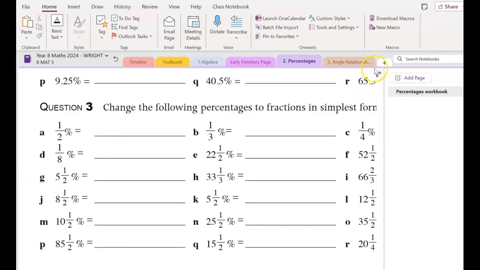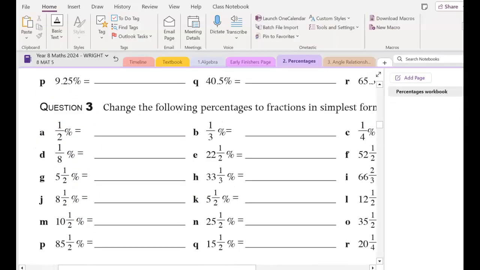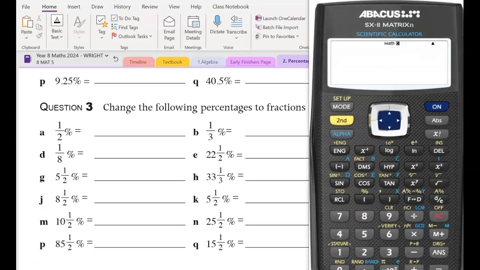So again, that next question in question 3 is wanting us to do fractions, changing those percentages to fractions in its simplest form. So again, we can do what we did before. The only difference here is we have already got fractions. So you can actually do this on your calculator again, but this might be something that you haven't actually seen before.